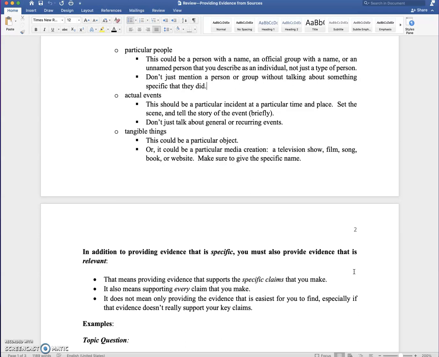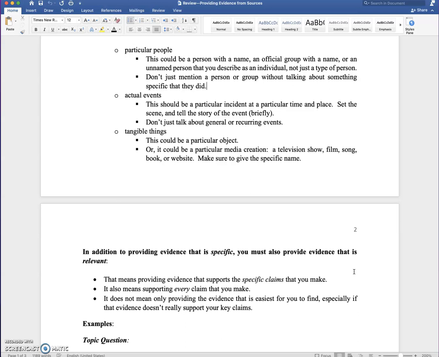And that's because that's all they found in their research, and they're kind of trying to shoehorn that in to fit a particular claim, even if it doesn't. And that's really the worst thing here from among all the problems we're talking about, is when your evidence isn't even relevant. So make sure the evidence supports your specific claim. And if you can't find evidence to support a specific claim, then you probably shouldn't be making that claim.